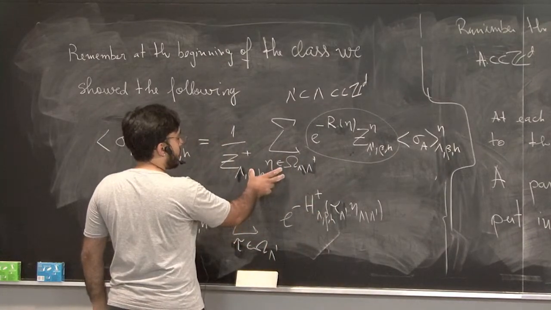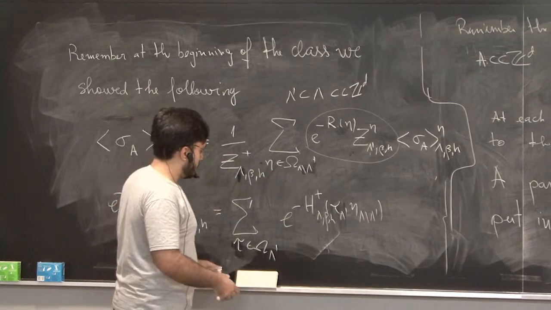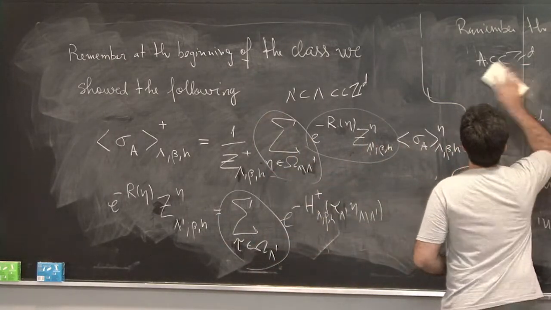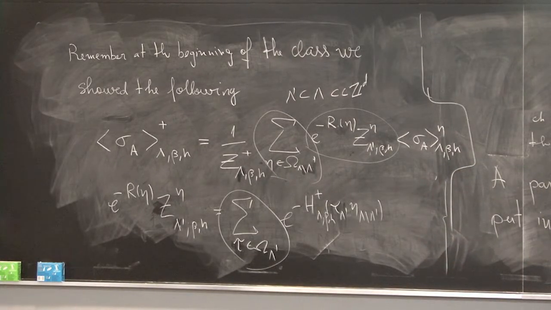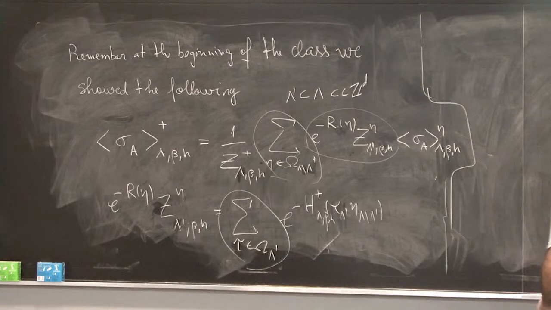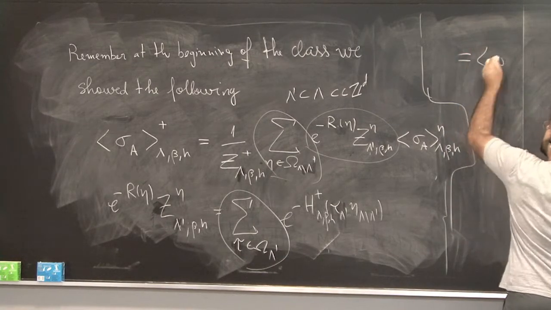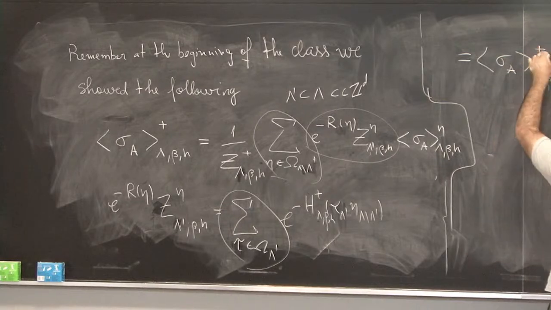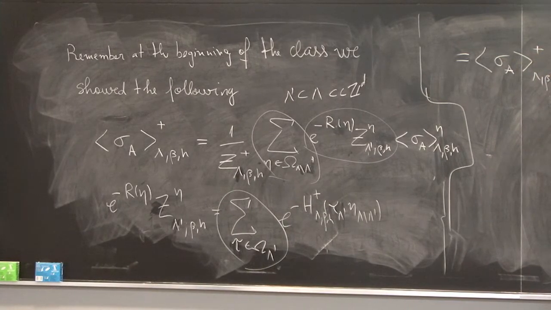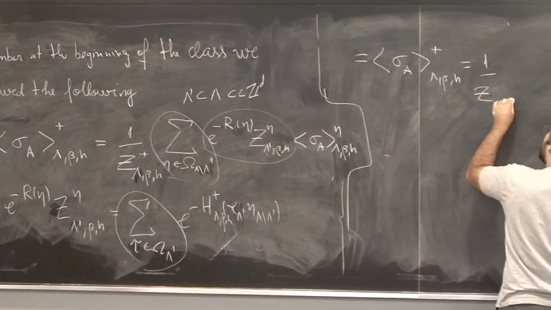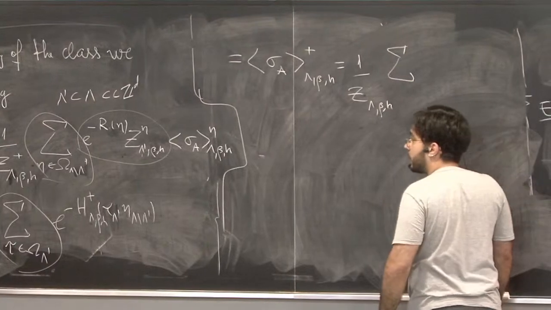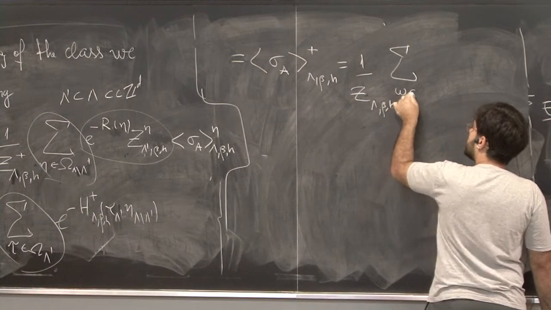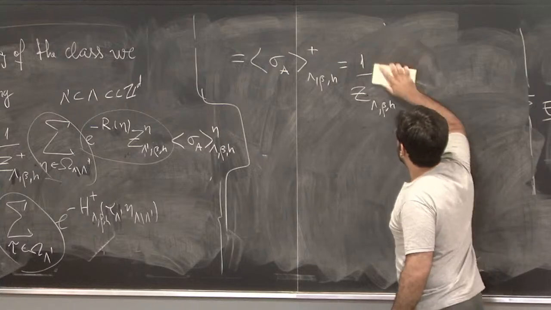So plugging this in again and putting these two sums together, we get that the expectation value in lambda, beta, h, plus will be actually equal to the following. Let me do this carefully because it may be confusing.